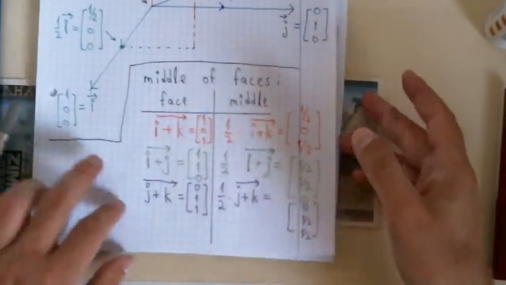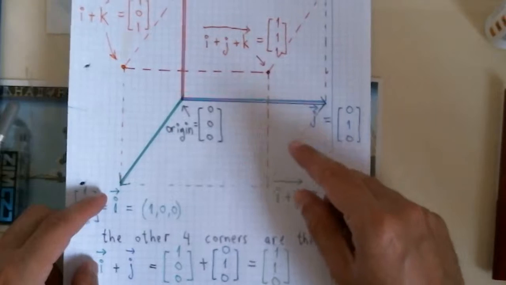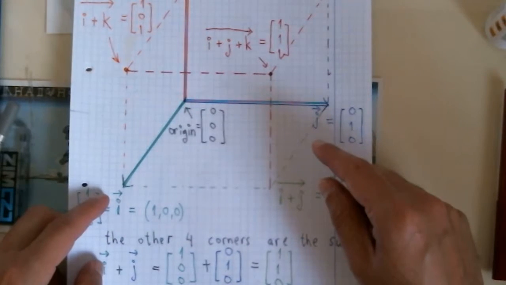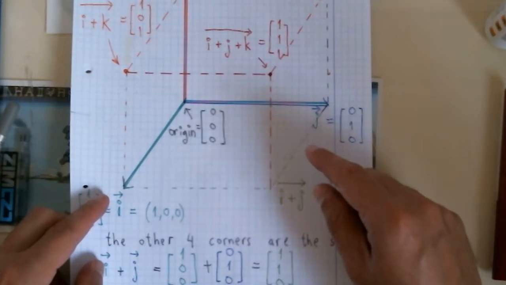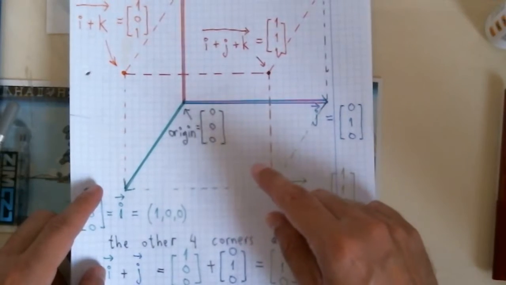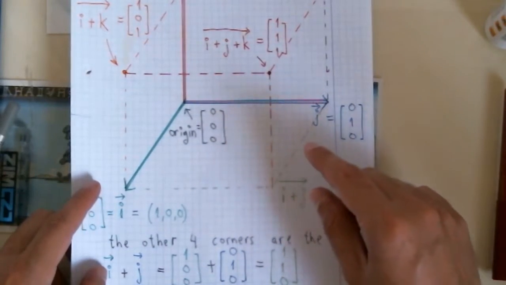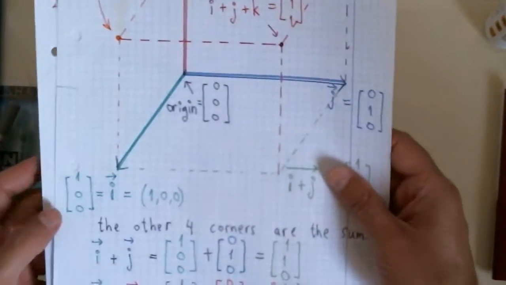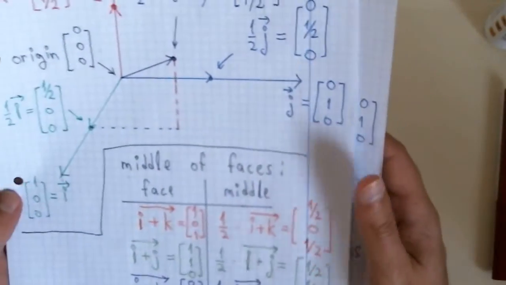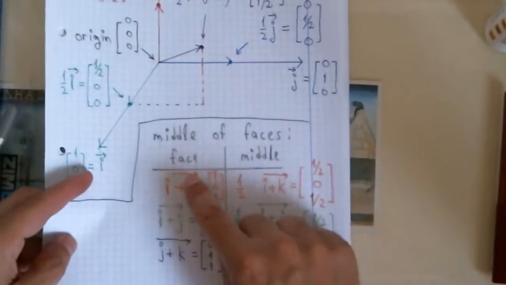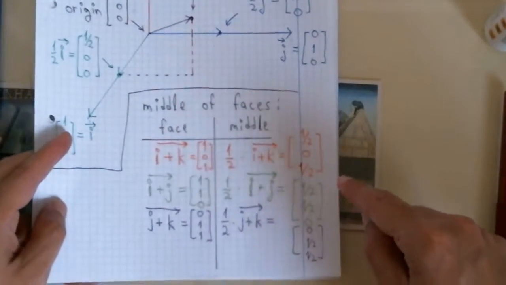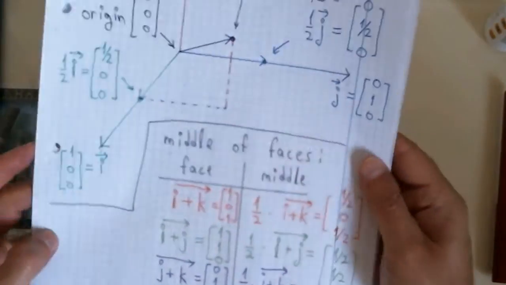Oh, I'm sorry, it's not the last one. We have 6 faces to the cube, so we have 3 more. We already calculated 3, and we need 3 more.